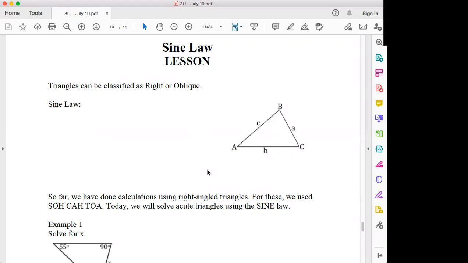So this one's called the Sine Law, and this is used when you have two side lengths. I'm going to write some side notes. So, not a right angle triangle.